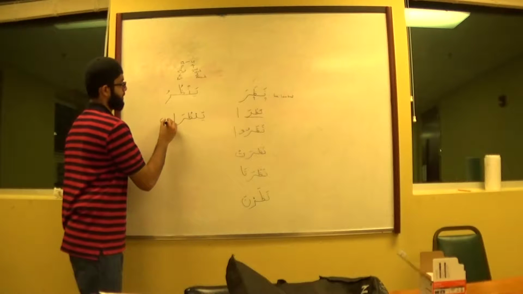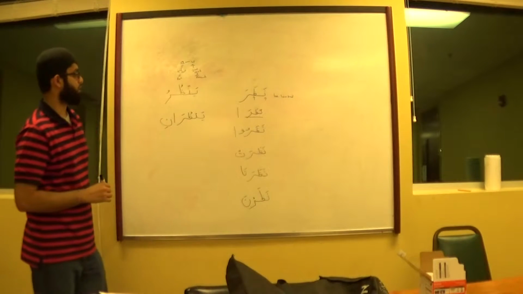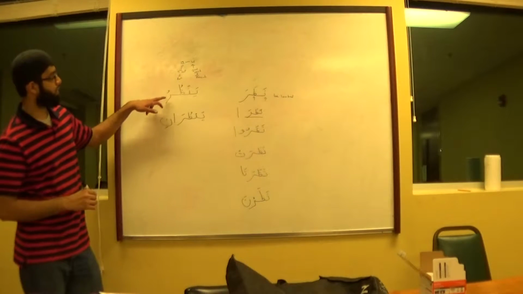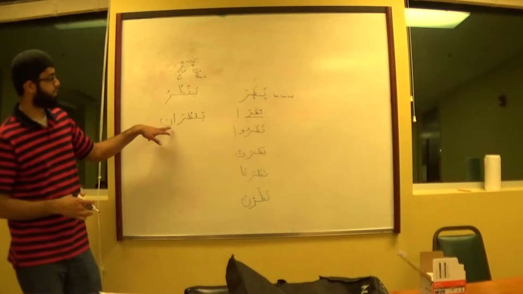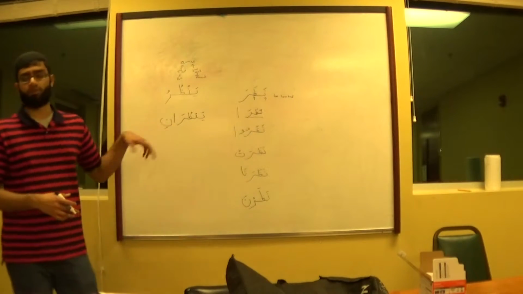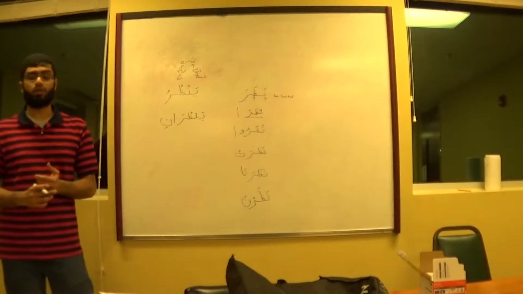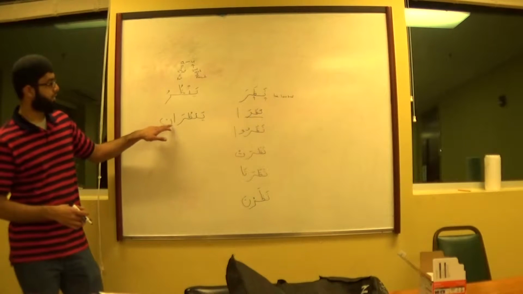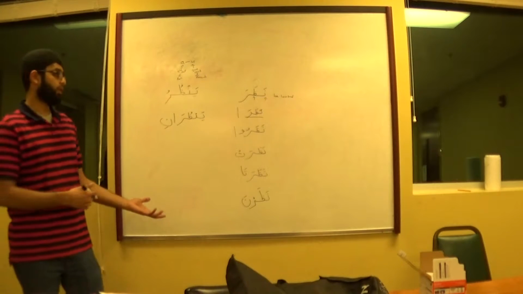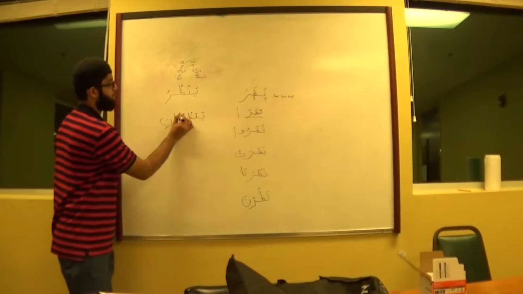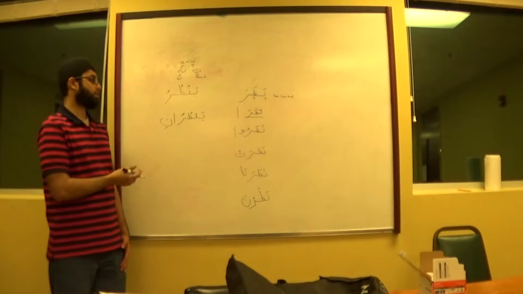Okay. And then, so this is for dual. So notice how the ra changes, but this is because you have an alif. So the alif of muthanna, of dual, has come, so that means the letter before it, you can't pronounce it unless it has a fatha, right? If this stayed on a dhamma, you couldn't pronounce it, right?